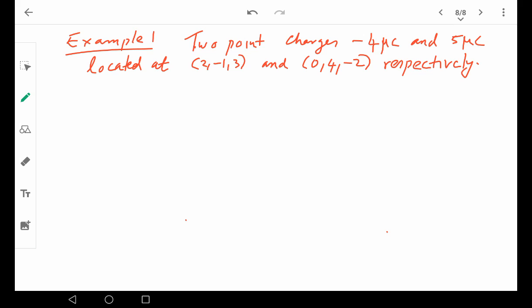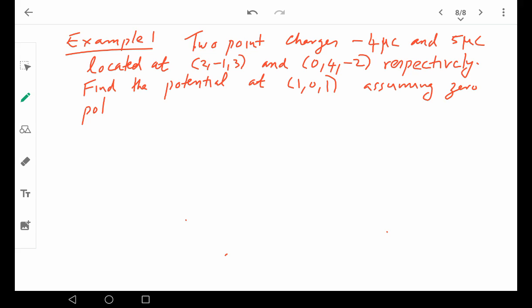Find the potential at (1, 0, 1), assuming 0 potential at infinity.